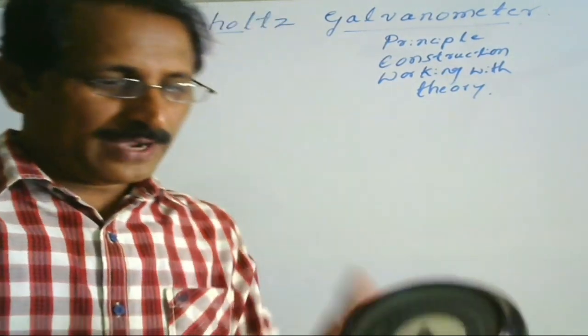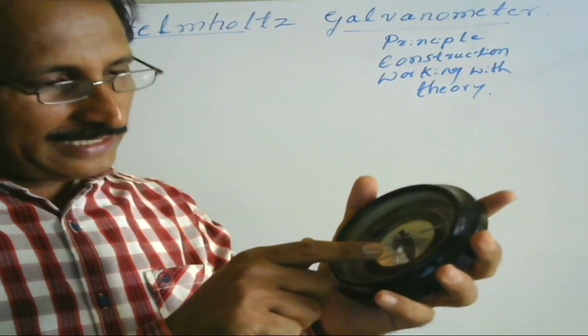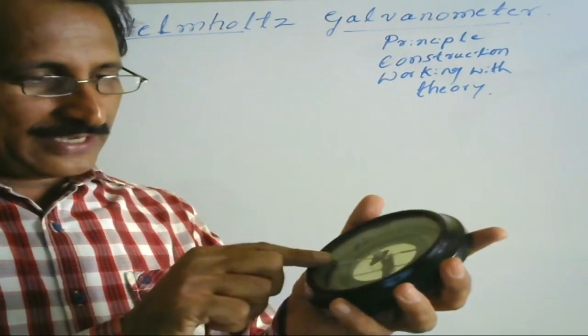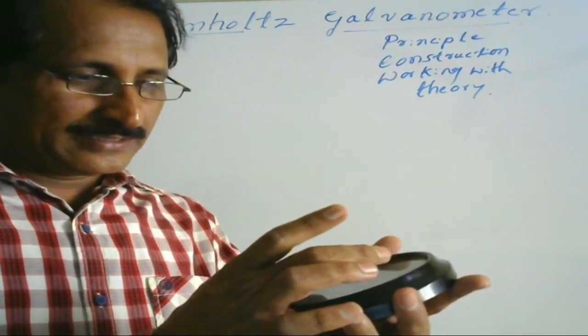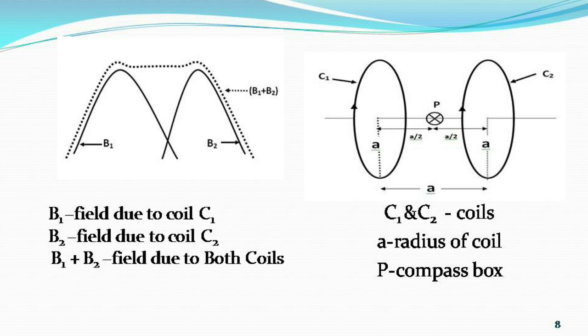This compass consists of a magnetic needle, perpendicular to which an aluminum pointer is placed. Let us represent diagrammatically the construction of the Helmholtz galvanometer. This is the coil C1 and another coil C2.